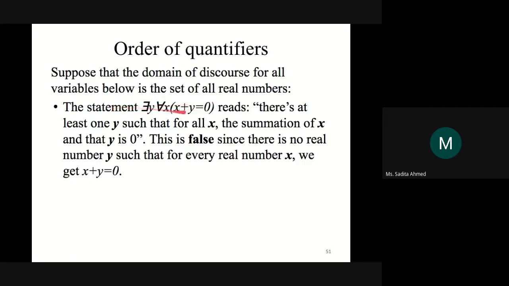Then for the domain of real numbers, this statement says that there exists at least one real number y such that for that specific real number, the summation of that specific real number and all real numbers x, all real numbers represented by x, you will get 0.